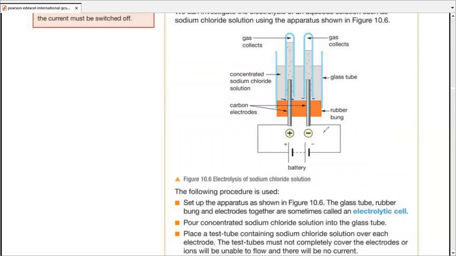Now, you might not be asked in the paper to draw a diagram, but you might be given a diagram and need to find a mistake in it. This is a very clever way of testing: if the test tube is put all the way down and there is no space, of course the current won't be able to flow, because the ions inside the test tubes won't be able to move freely.